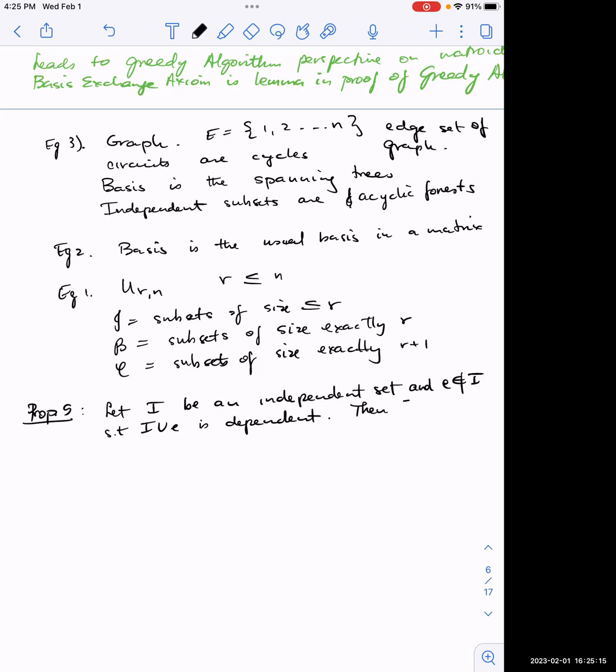Then there exists a unique circuit, in graph theory think cycle, contained in I union E. There exists a unique circuit C contained in I union E such that E is in C. This is clear: E is in C, which is contained in I union E.